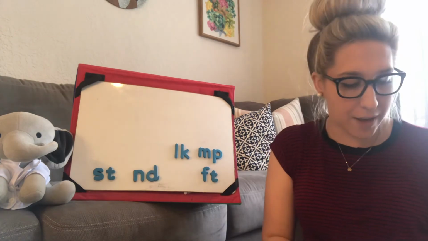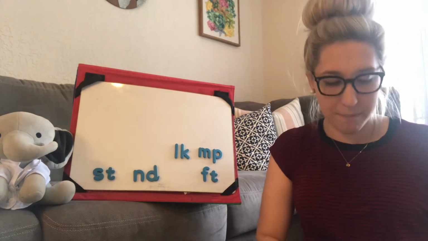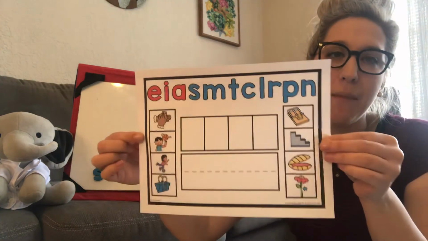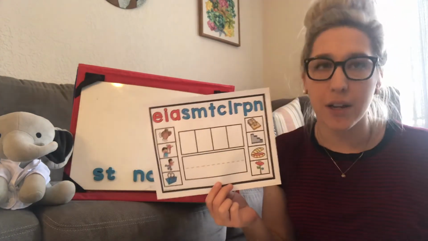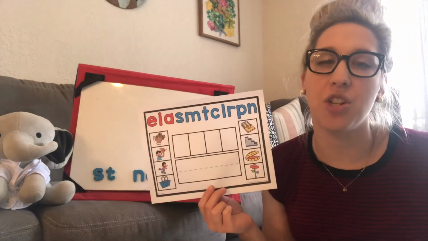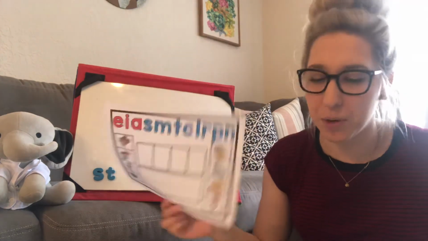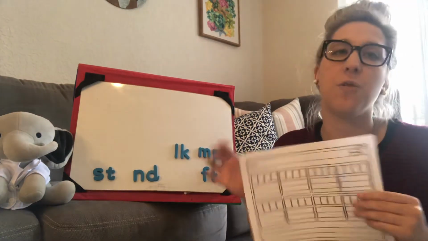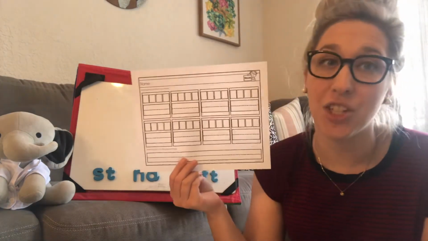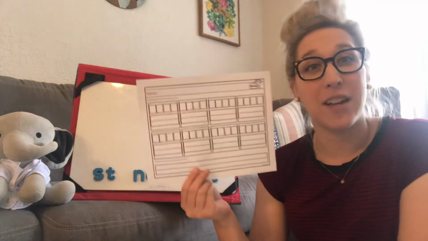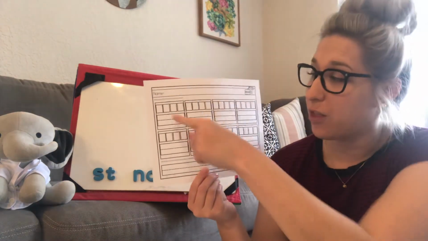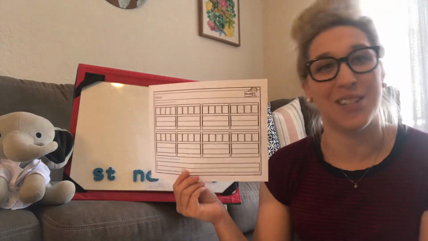You're going to have a game board with some pictures on it, and you get to build the word. You can use whatever materials you want to build the word on your game board. Then you'll write the words from the pictures down on your answer sheet. After you've written the words twice, you will get a chance to write a sentence.